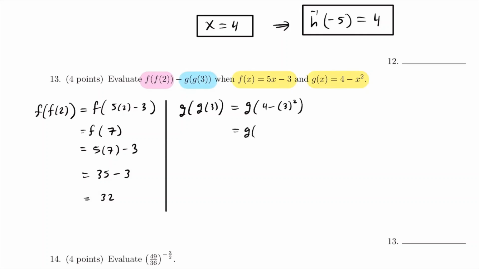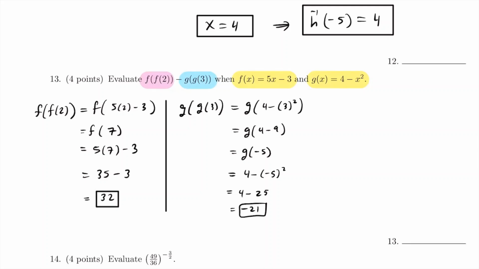So you'll have g of 4 minus 9, and that would be g of negative 5. So negative 5 now goes back into g. So you do 4 minus negative 5 squared. So that would give us 4 minus 25. That is negative 21. So these are our outputs for those specific given compositions.